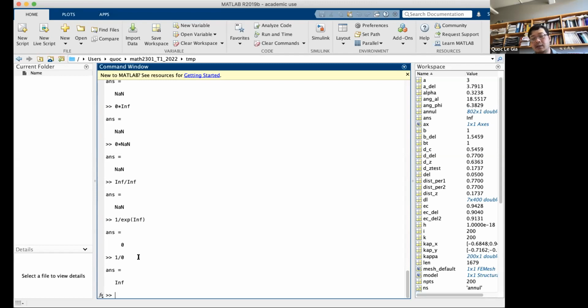So in this case, Matlab just has some special rules: if you have 1 over 0, it makes it infinity. The rule should be consistent with calculus, because calculus was invented long before Matlab, and people still use calculus.